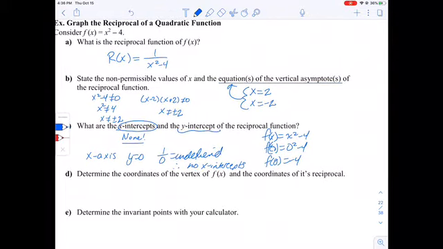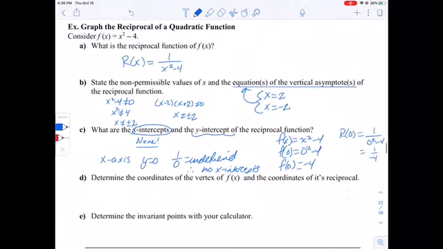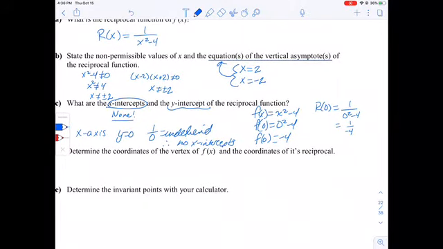On our reciprocal function, if I wanted to find the reciprocal value, I could say r of 0 is 1 over 0 squared minus 4, which is 1 over negative 4. So where our first function had a y-intercept of 0, negative 4, our reciprocal function has 0, negative 1/4. So negative 4 became the reciprocal, negative 1/4.